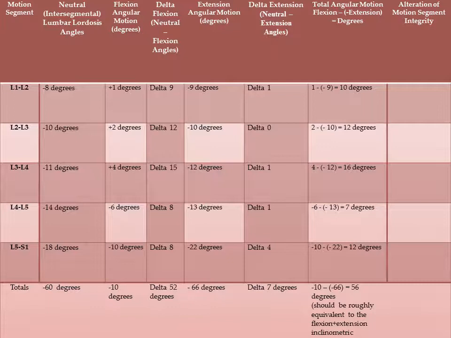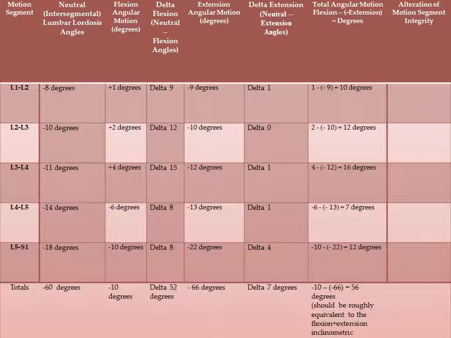And in this case, that equates to minus 10 degrees of lordosis, minus 66 degrees of lumbar lordosis equals 56 degrees of total angular motion, and that should correlate with the total angular motion of each of the individual motor segments, and in this case it does.